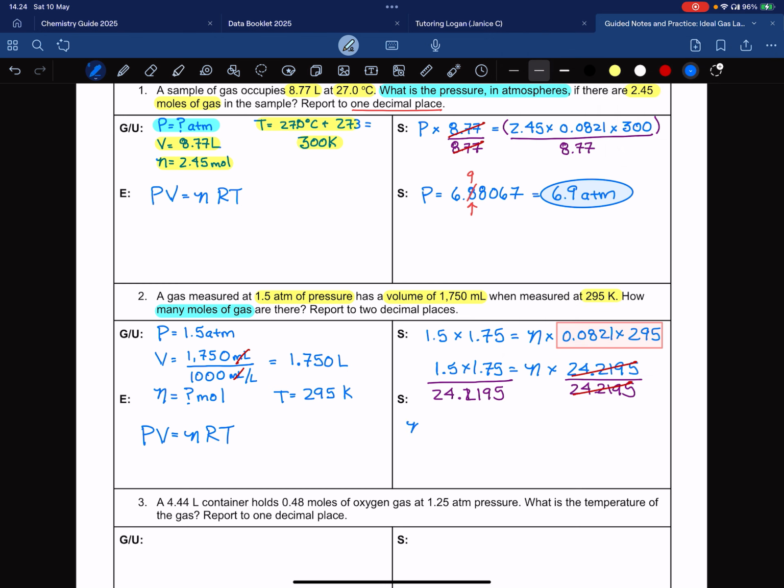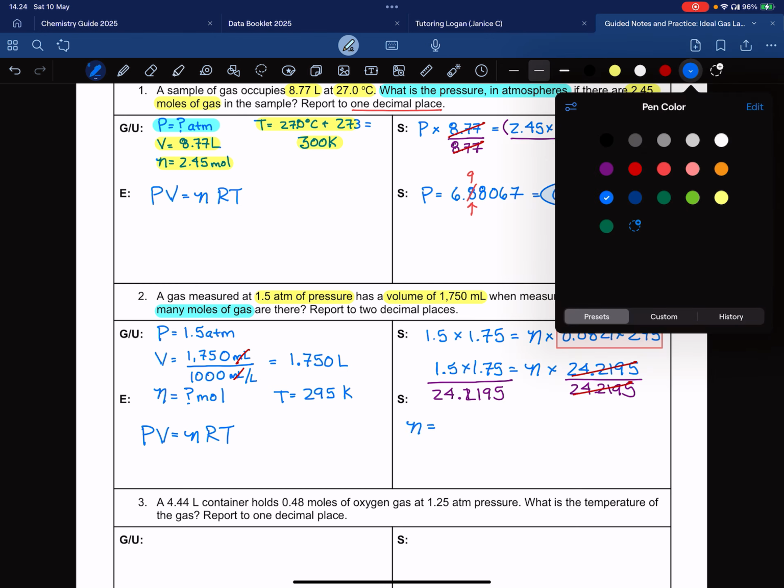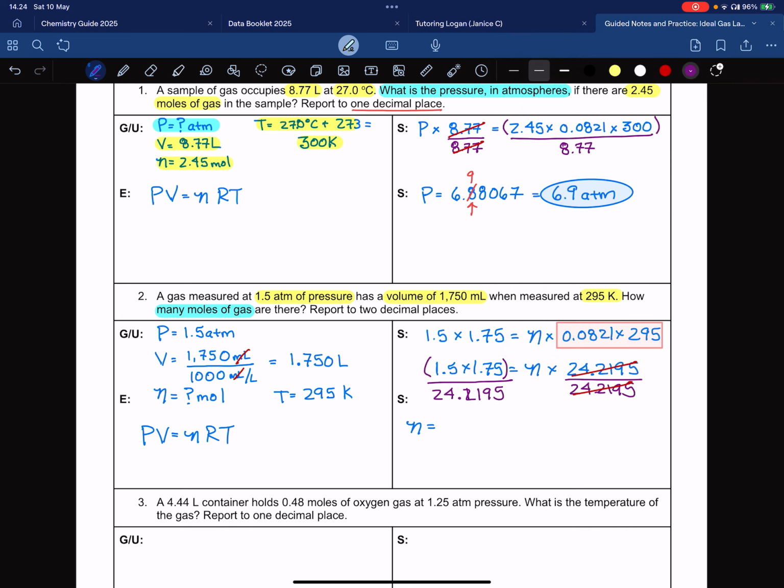And so my moles is going to be parentheses 1.5 times 1.75, close parentheses, divided by 24.2195, and that's going to be 0.10838.